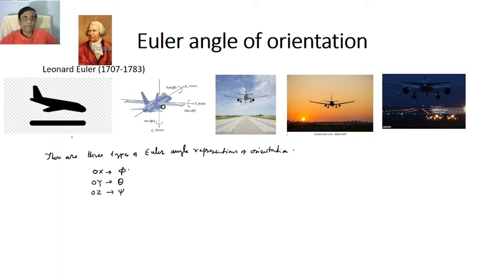So these are the three angles of orientation which can describe the orientation of the aircraft or the gripper or runway or anything, right?